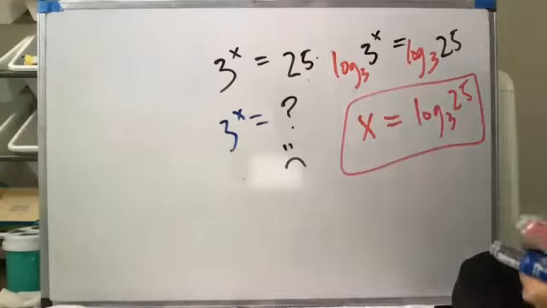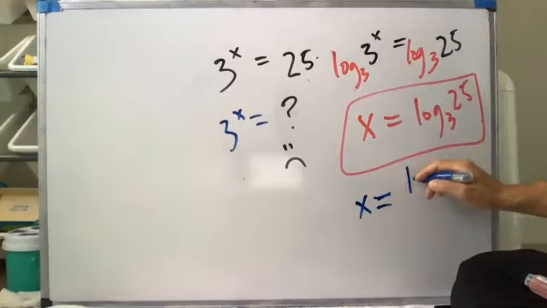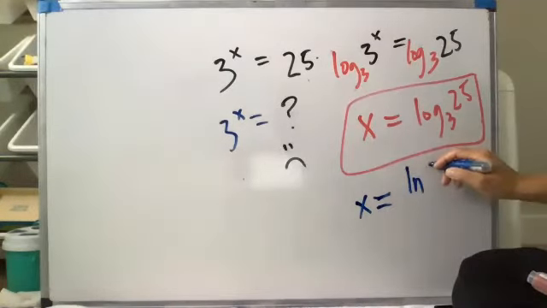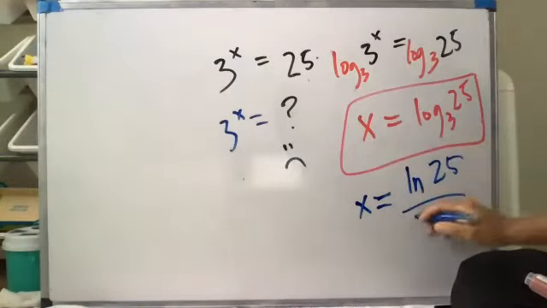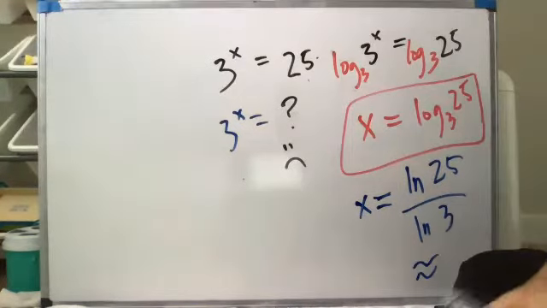If I want an approximation, I can use the change of base formula and just rewrite this in terms of some of the logs that I know, ln or common log. So this is ln 25 over ln of 3. And then you just plug that into the calculator. I might as well do it.